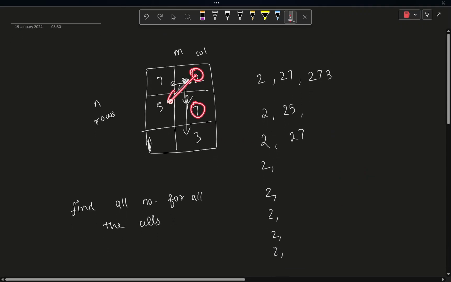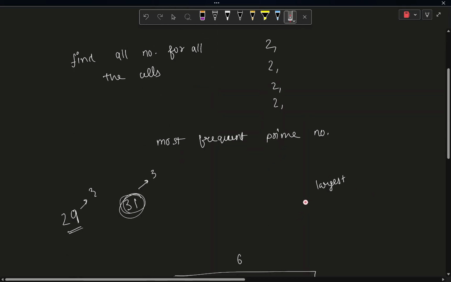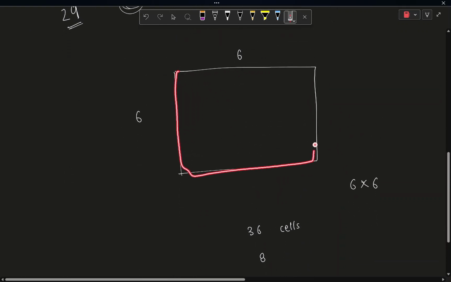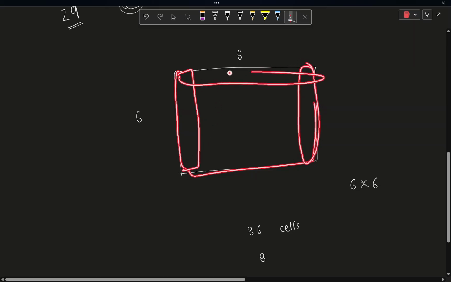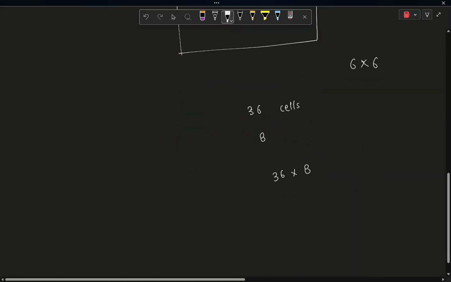A path in a given direction goes as long as you don't reach the first or last row or column, something like that.